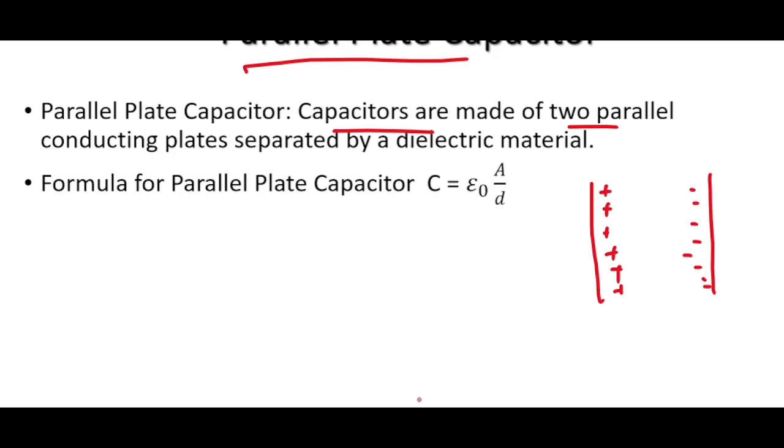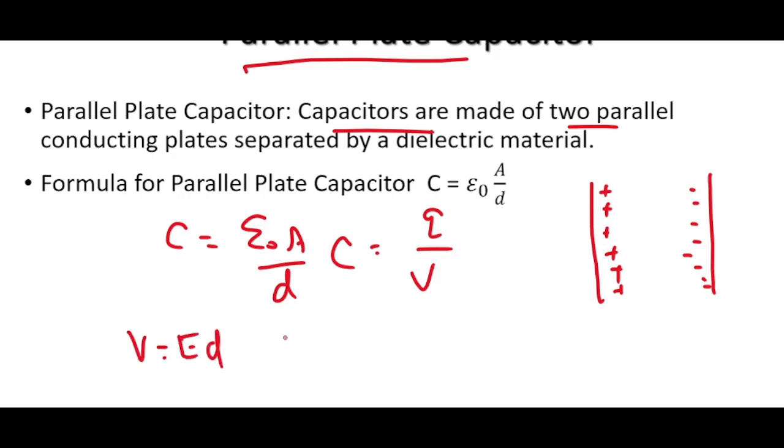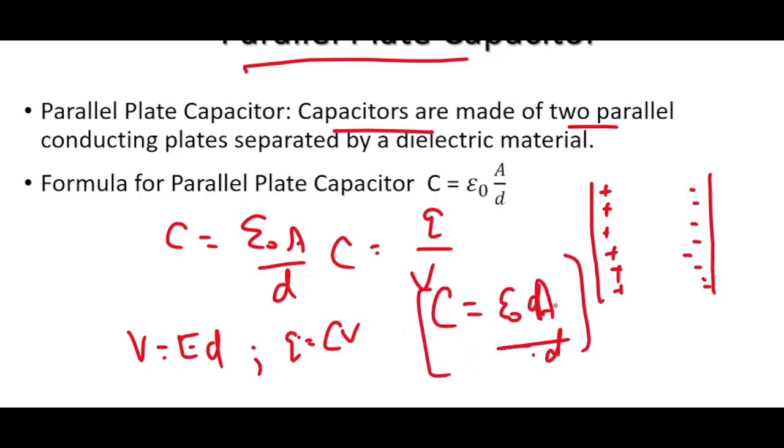We are not going into the derivation, but remember epsilon naught A by D. The derivation is simple: we know C is equal to Q upon V, and V is E D. So remember this formula: C is equal to epsilon naught A upon D. That means capacitance depends on the area of cross section of the plates and the distance between the plates.